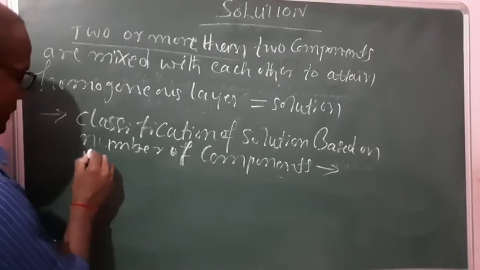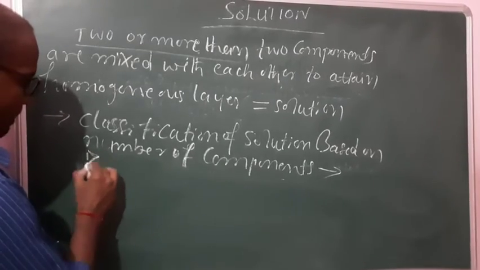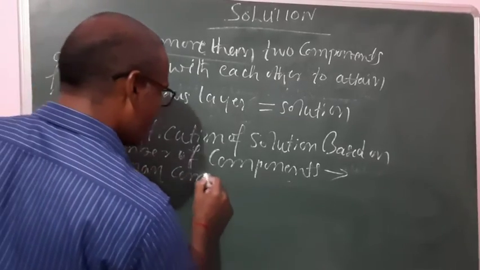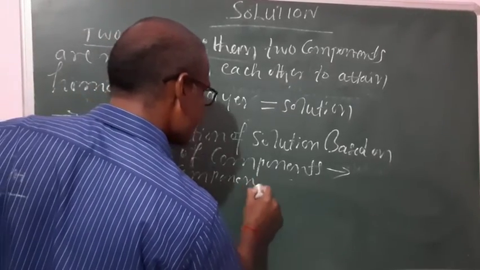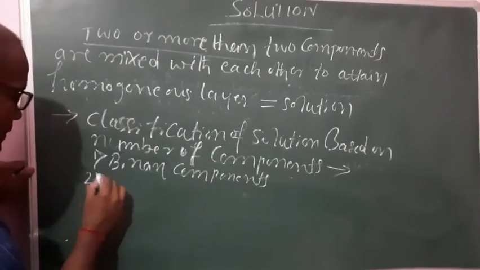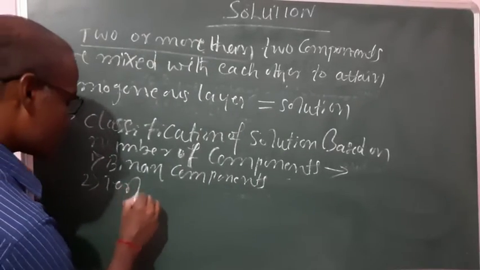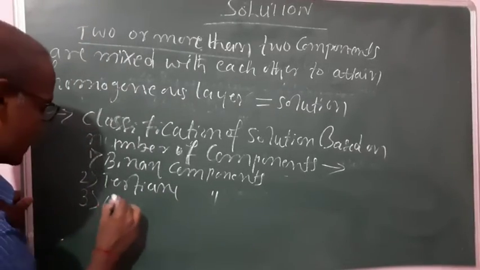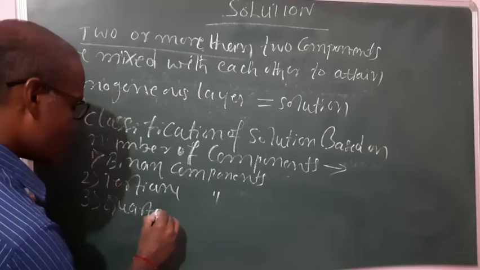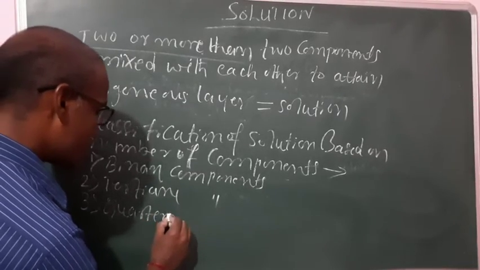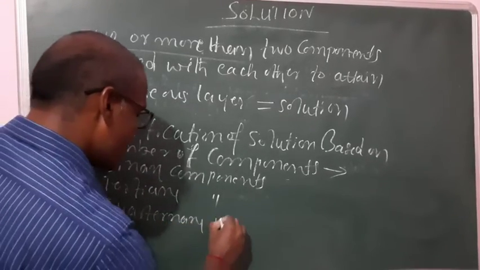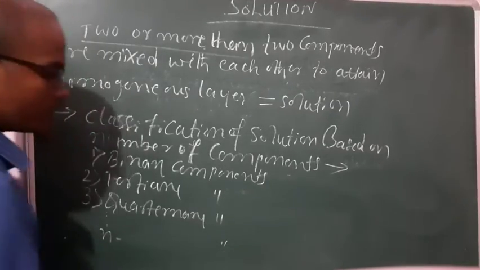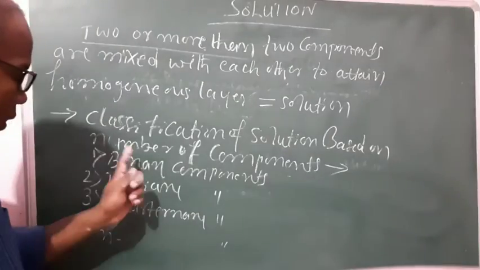First one is binary component, second one tertiary components, third one quaternary components, and similarly n number of components are present here. Look at here the first one.